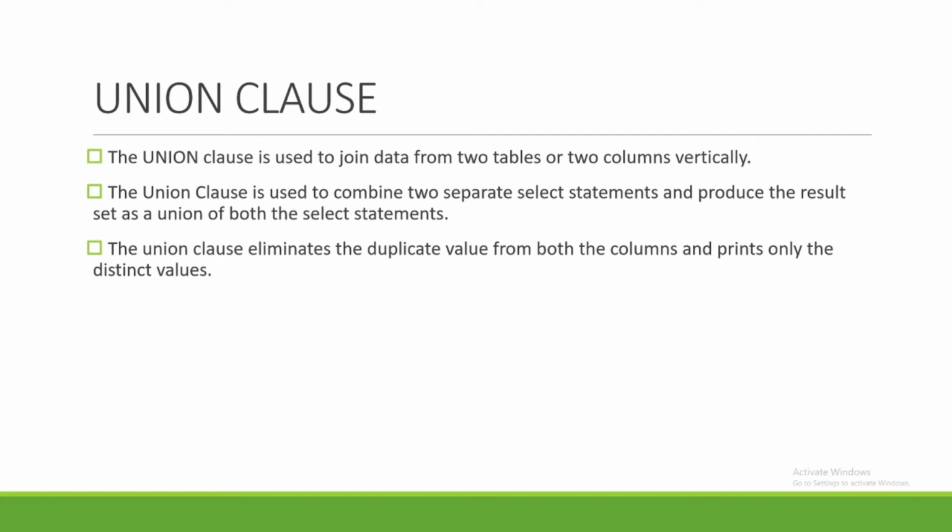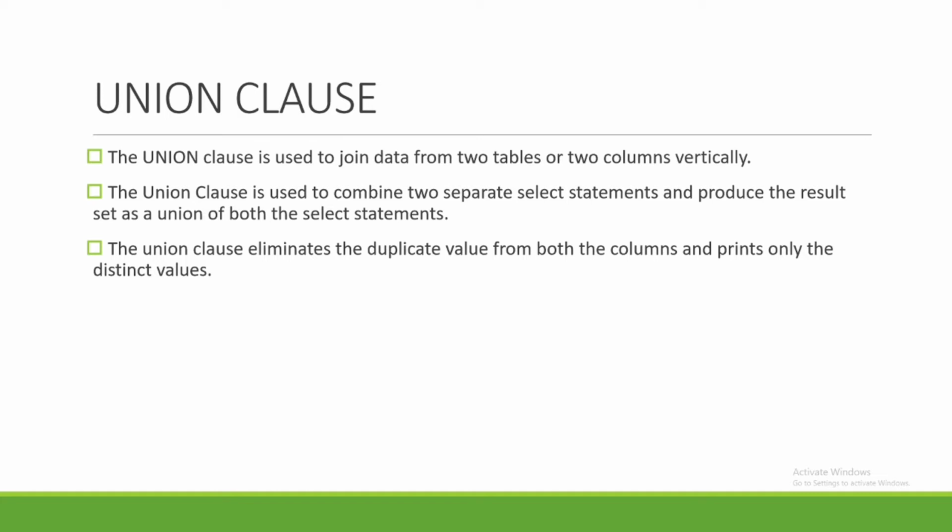The union clause is used to combine two separate select statements and produce the result set as a union of both the select statements. So right here we combine two select statements, one from each table.